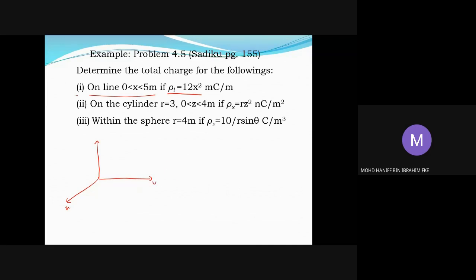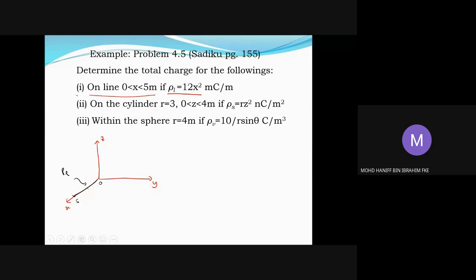So we have x, y, and z. Based on the problem, we can see that your line charge rho L is located on this particular line, from 0 to 5 of x. This is where your rho L is located, rho L of 12x squared, the black colored line.